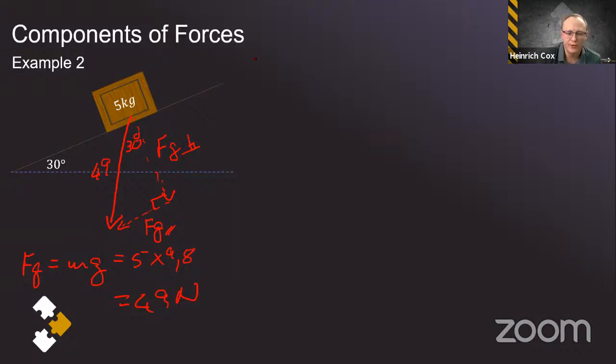Okay, so to find this FG perpendicular, we now know that FG perpendicular is adjacent. It's next to that 30-degree angle. And because it's next to, we use cos. So that's then going to be FG times cos 30. And FG we've already calculated, so it's going to be the 49 times cos 30.